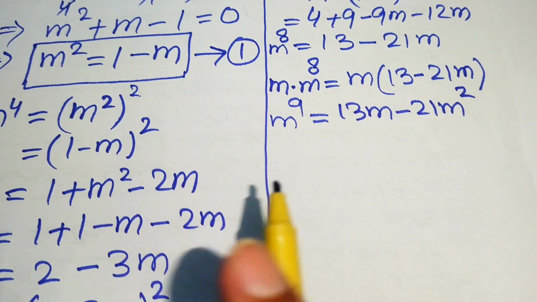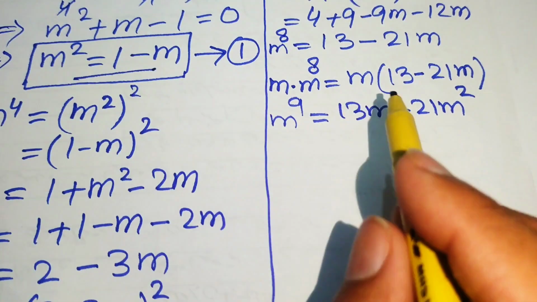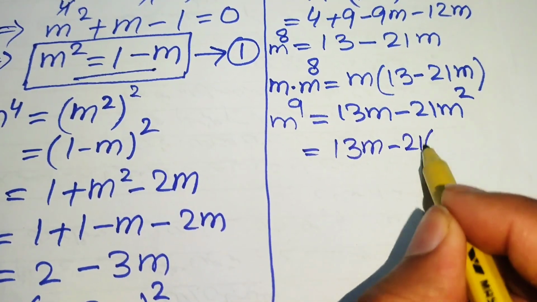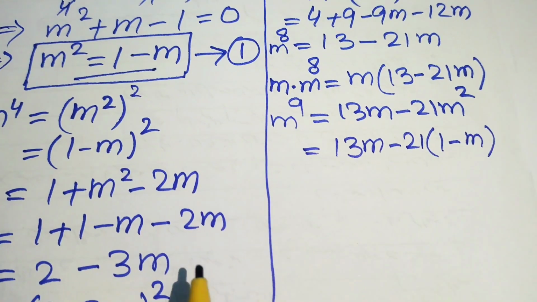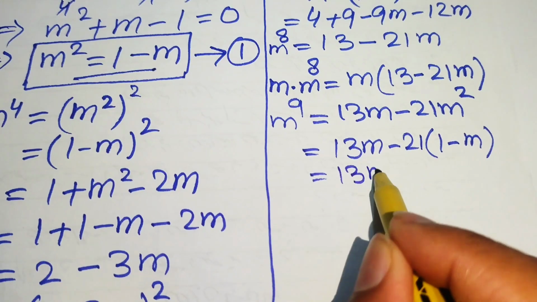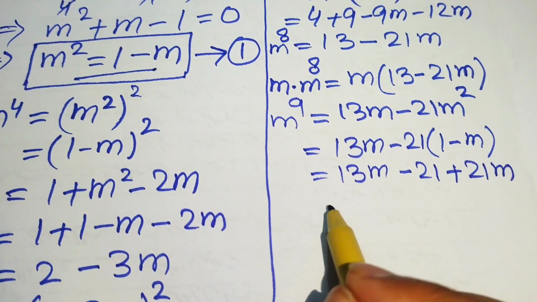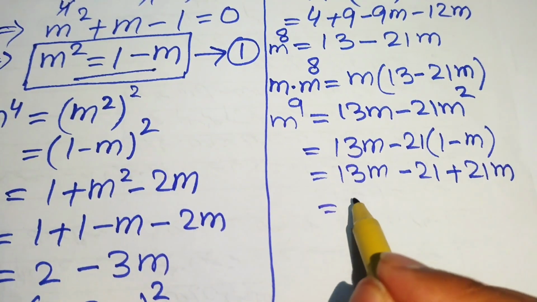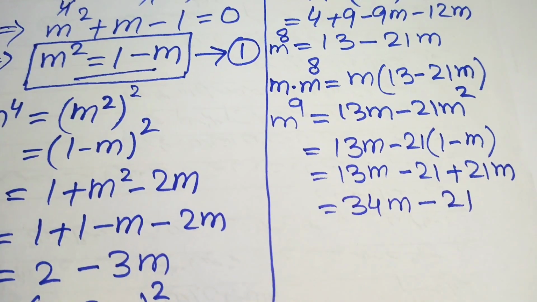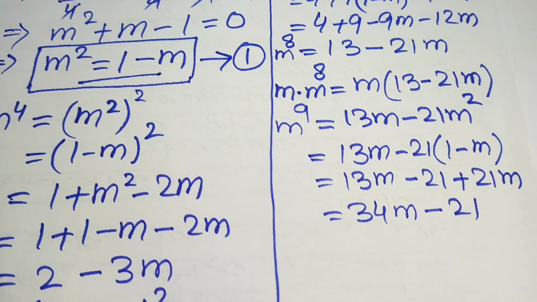Now we again substitute the value of m square, which is 1 minus m, so this will be equal to 13m minus 21 times (1 minus m). Now we multiply this minus 21 on both terms, and we get 13m minus 21 plus 21m. So here we get 13 plus 21 equals 34m minus 21.